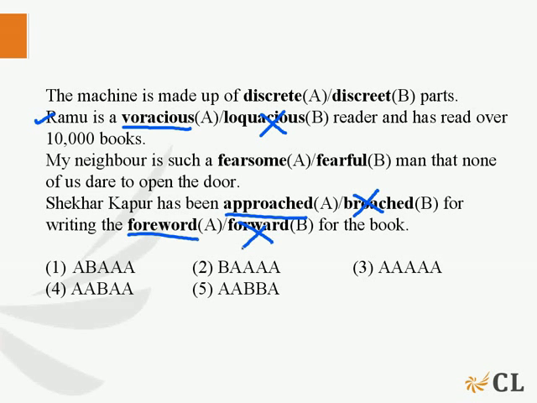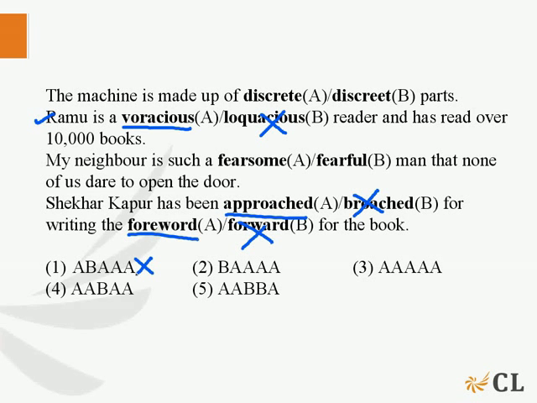Now when we have examined these, can we look at the options? If I look at option A, it has B in between in the second form, so it can be easily eliminated. If I look at option 2, it talks about A in the second sentence, it talks about A in the fourth and the fifth one also.